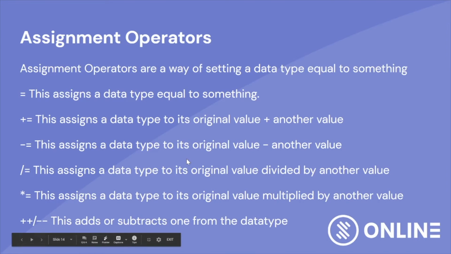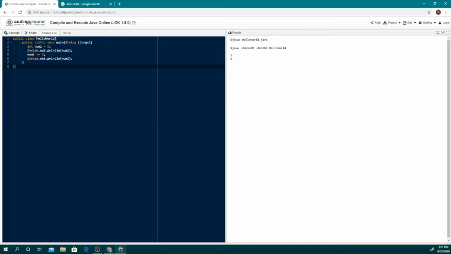Minus equals does the same, but it subtracts a value. Same with divide equals, which divides a value, and multiply equals, which multiplies by another value. So if we assign this to 6, and then subtract by 3, let's do that first. It'll be 6 before and then 3 after we change it.